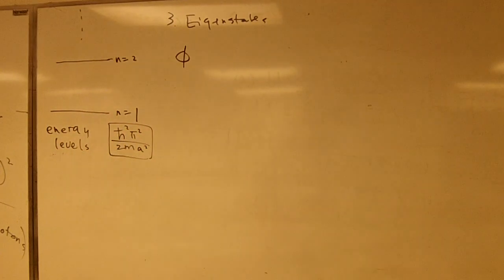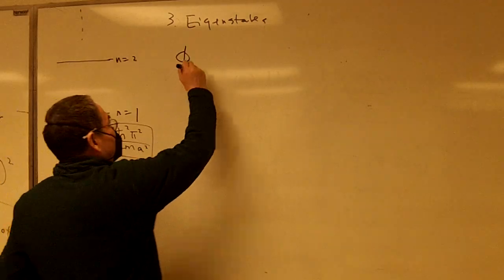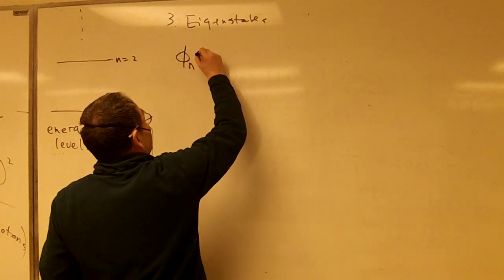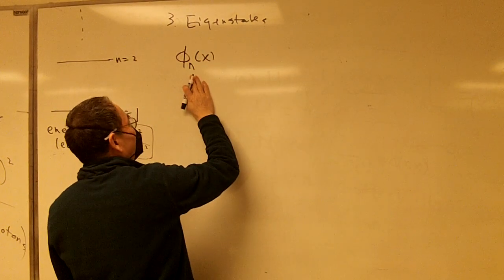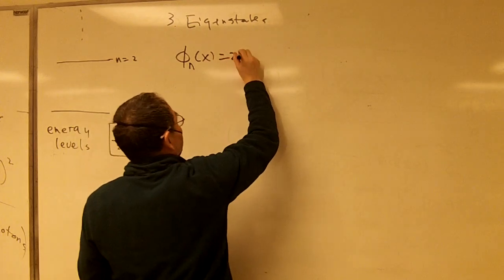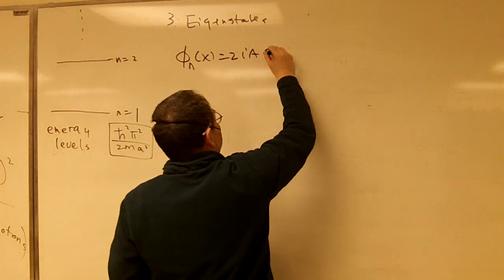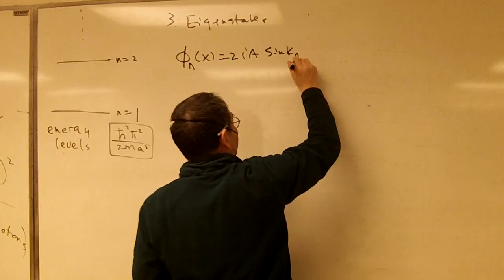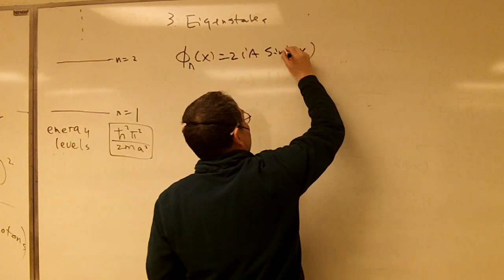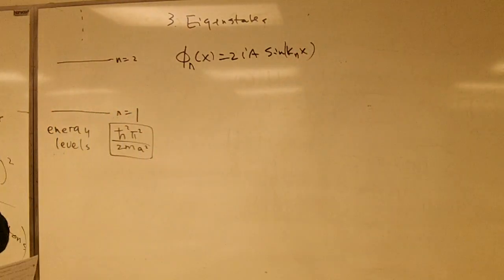My phi over here is the 2ia sine kx, like this. Now, for the moment, I do not have a subscript, so you're going to see me write down subscript n here, purposely added: 2ia sine k_n x. So this is my wave function.